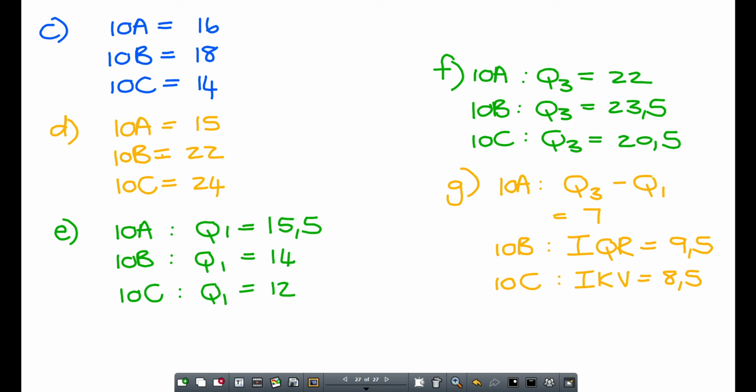Okay, you guys good with that? Any questions there? Okay. Net gou vir die wat nou dalk nie lekker by is nie, het ek net vir die formule geskryf. So if you look at A, quartile 3 was 22 minus quartile 1, which was 15,5, dan is dit 7,5. Nee, 6,5.